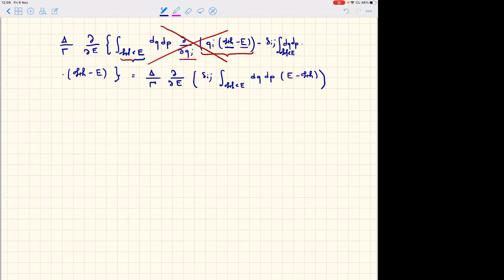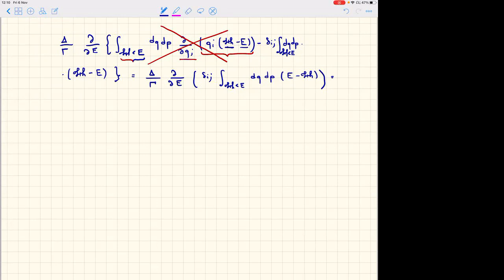And now I take the derivative with respect to E of this integral.